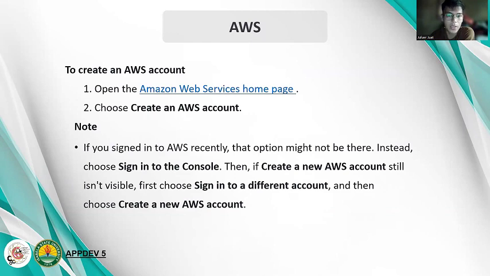And note, if you signed into AWS recently, that option might not be there. Instead, choose sign in to the console. So, ano yan, may magpapakita doon na ganyan. May choices na ganyan. Then, if create a new AWS account still isn't visible, first choose sign in to a different account and then choose create a new Amazon Web Services account.